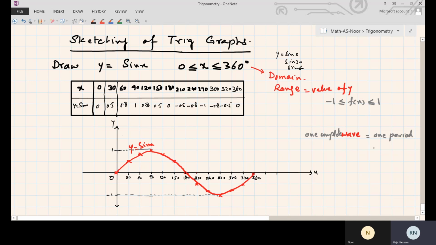So one period is in terms of the angle 360. So sine has one period of 360. Whenever we say the period of sine of an angle, we say that the period of sine of an angle is 360, right?